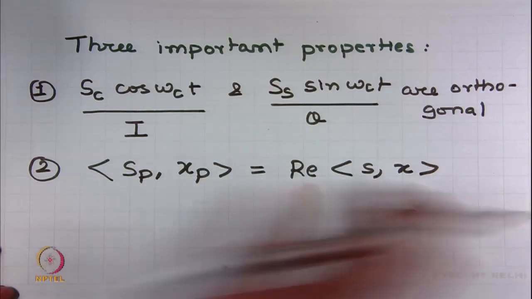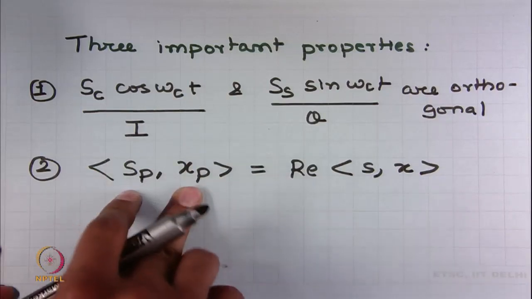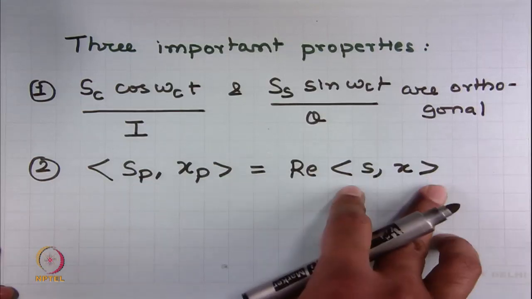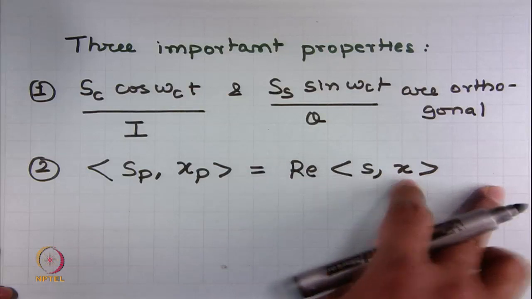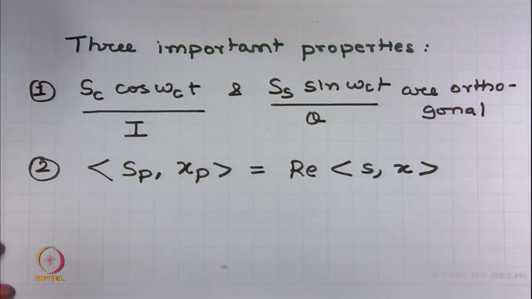So, this is the second property that we have to prove, that the inner product of passband signals is the same as the real part of the inner product of their equivalent complex baseband signals. s and x are the complex baseband signals of s_p and x_p respectively.